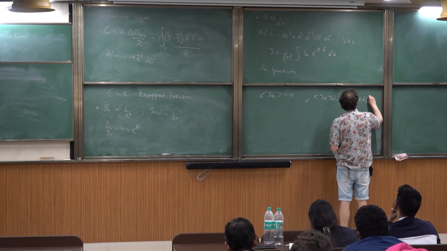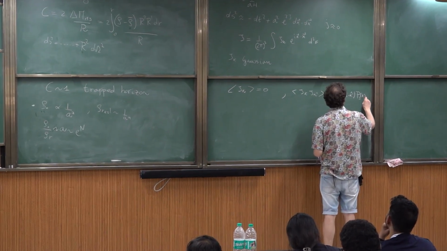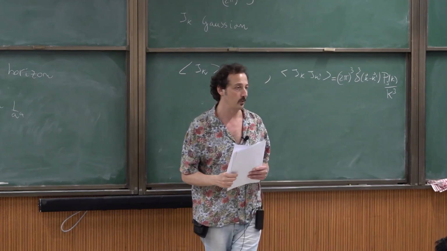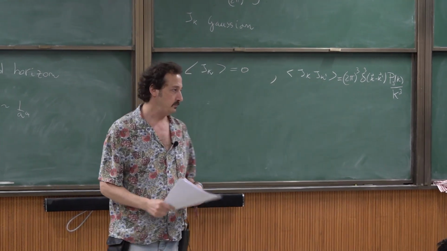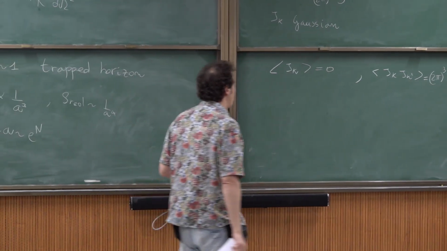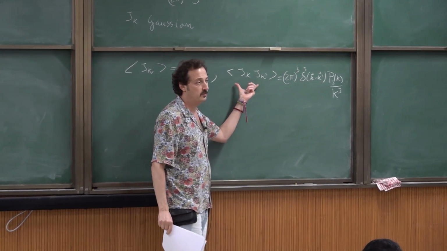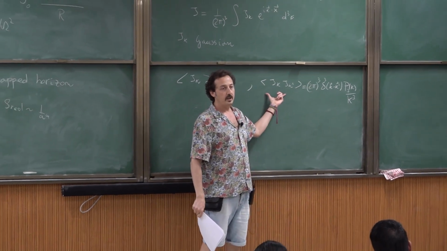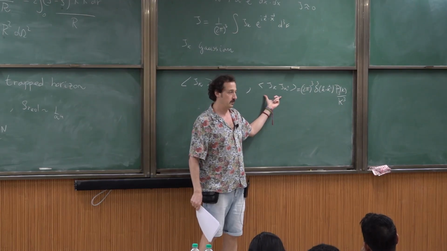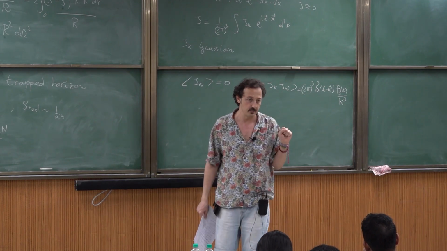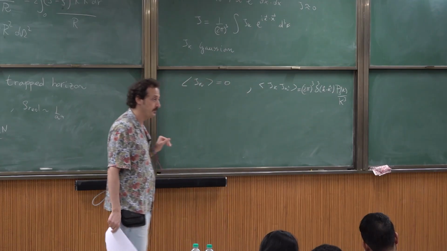Then we have the power spectrum of the curvature perturbation, which is dimensionless, so I divide by k to the cube. That's the definition of the power spectrum of the curvature perturbation, which is the two-point correlation function in Fourier space of our curvature perturbation. With that, everything is determined for the statistics of zeta.